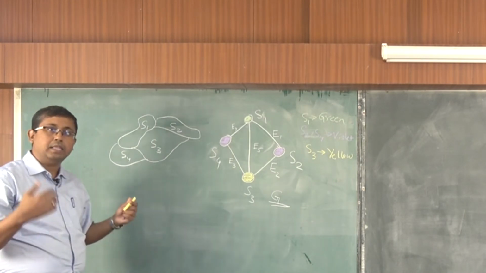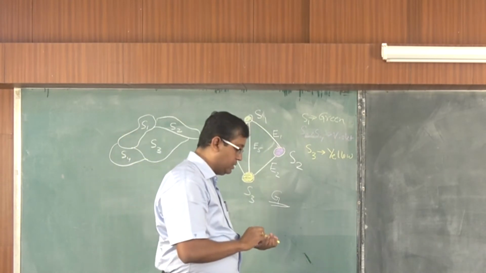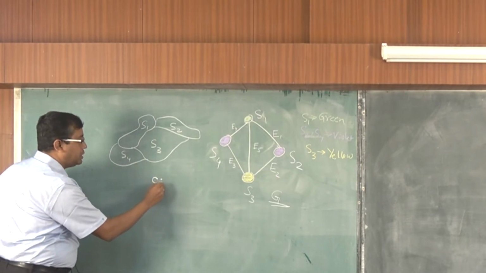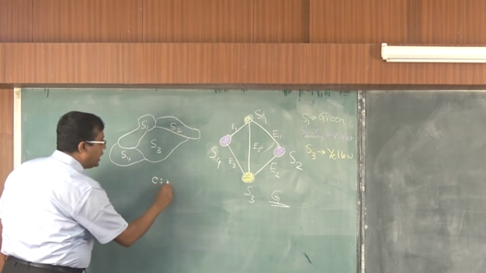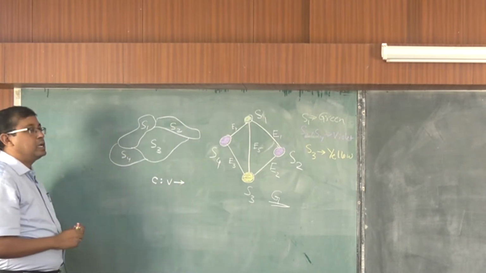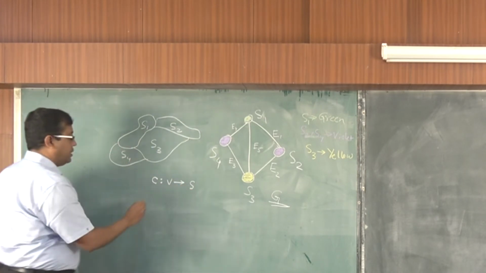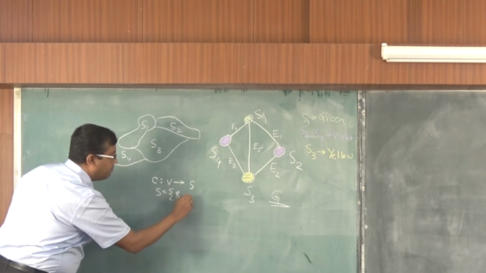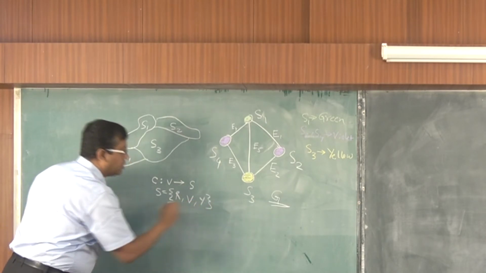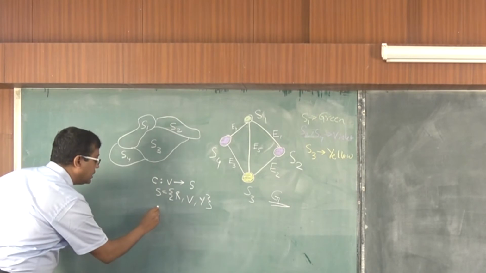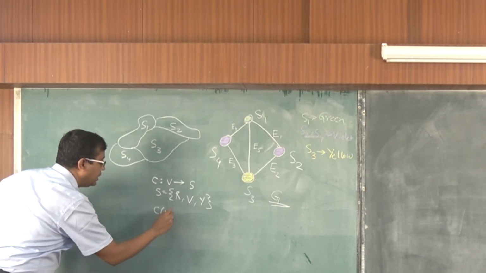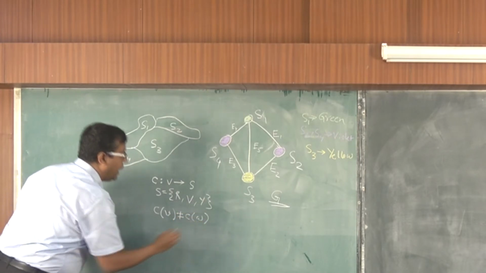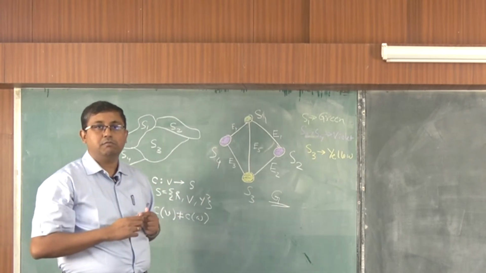In short, in mathematical language, what we have done is we have created a map C such that for every vertex we have a color mapped from the set S, which has 3 colors, green, violet and yellow, in a way such that the color of vertex V is not equal to the color of vertex W, where V and W are adjacent vertices.